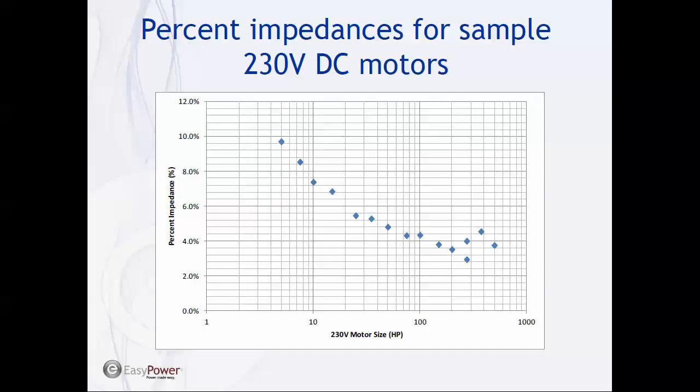And so we observe a trend out here. Based on the size of the motor, we have lower impedances. This may not be true at all occasions or all samples, but for a starting point, this is good enough data.